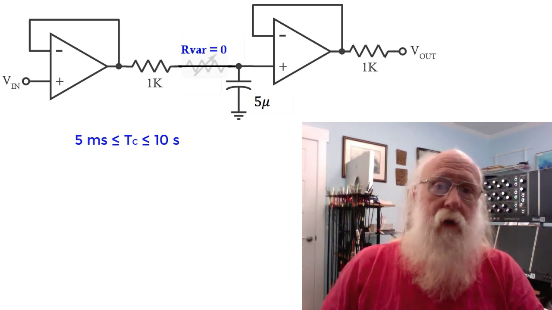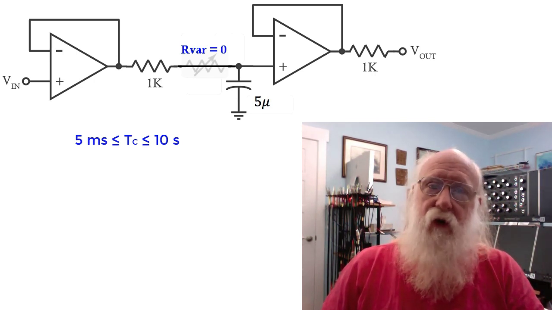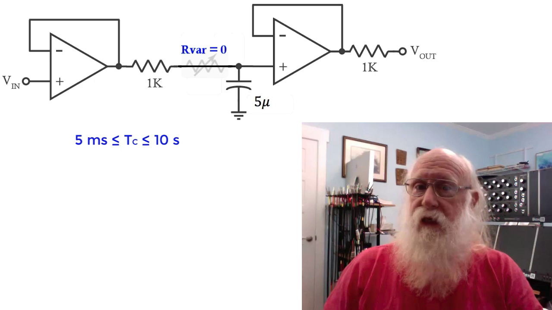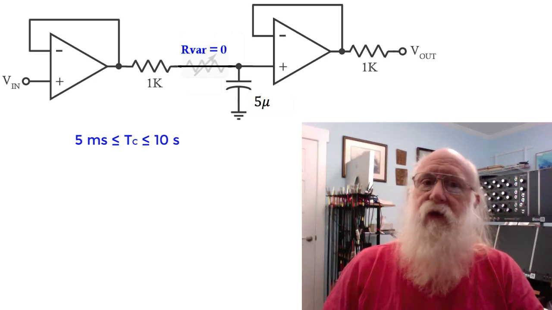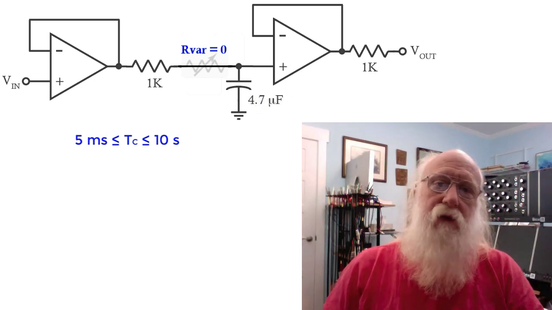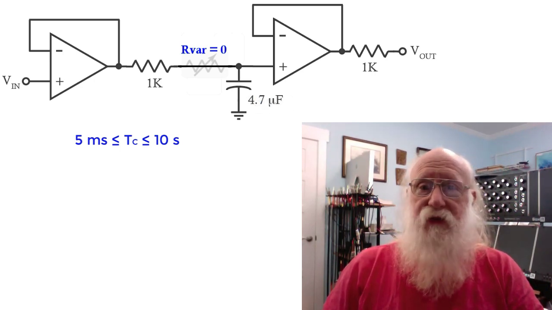For non-polarized devices, whether they're mylar or ceramic or whatever, you're probably more likely to find a 4.7 microfarad value than a 5 microfarad value. So we're going to specify 4.7. That'll get us very close to our specification of a 5 millisecond time constant.